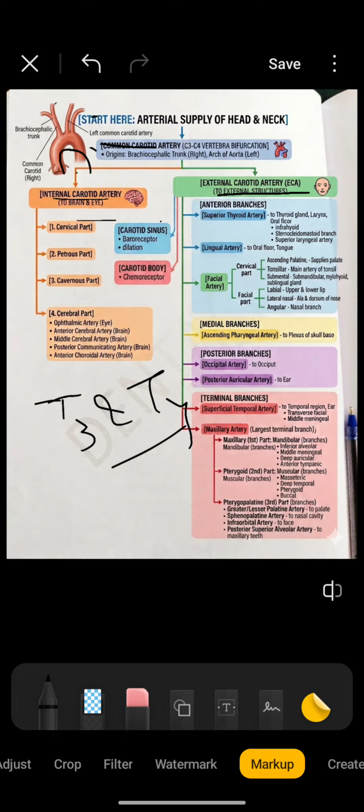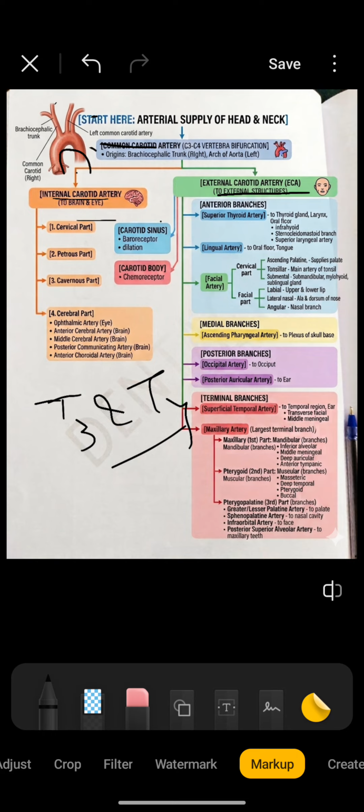Firstly, something about the carotid sinus and carotid body. The carotid sinus is the dilation at the terminal end of the common carotid artery or at the beginning of the internal carotid artery. It has rich innervation from the glossopharyngeal nerve. It acts as a baroreceptor, a pressure receptor, to regulate blood pressure.